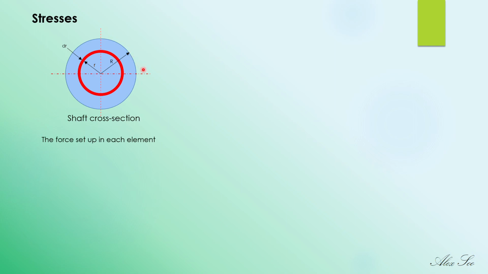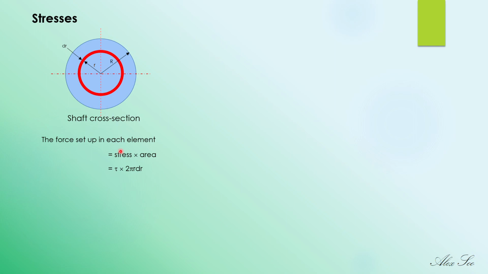So the force set up in each element. What is the force that is acting here? We know that shear stress equals force over area. So force is equal to stress times area. The stress due to torsion, due to torque, due to turning moment, is the shear stress.